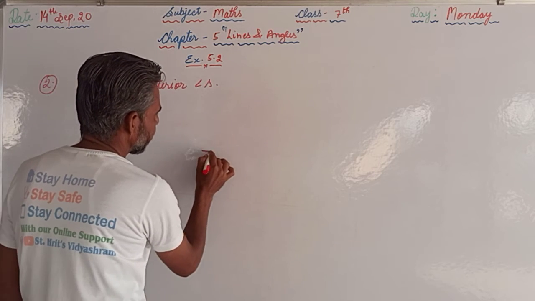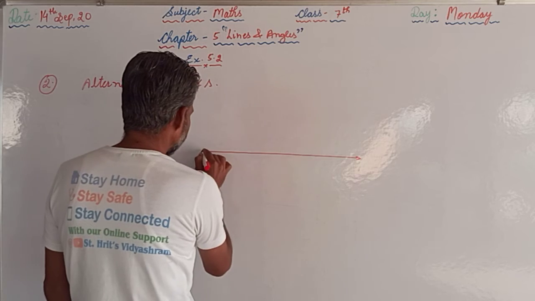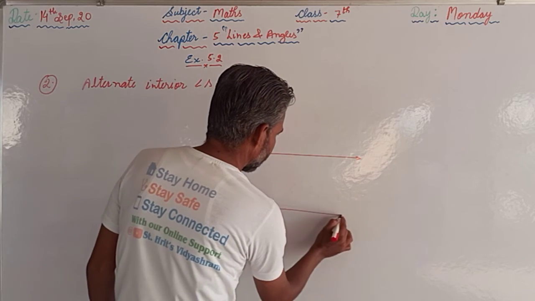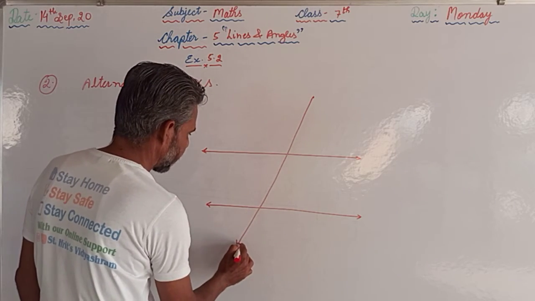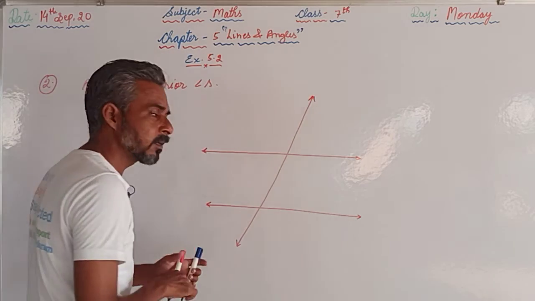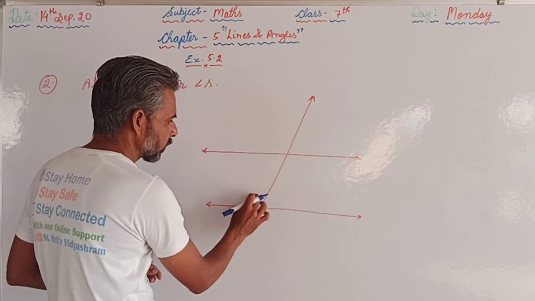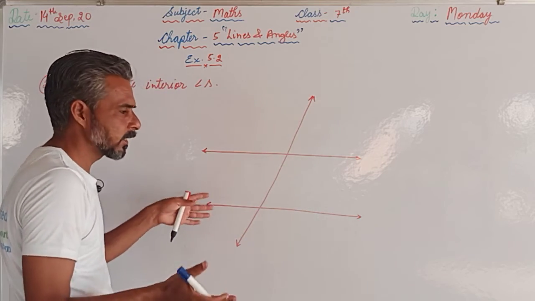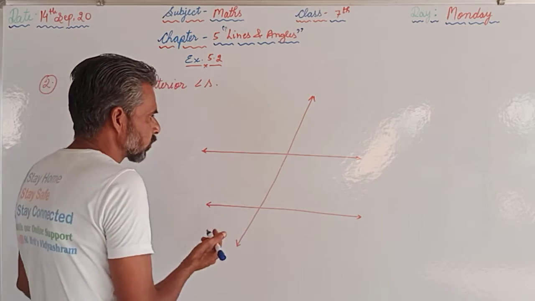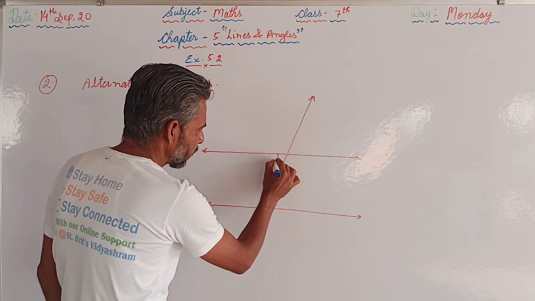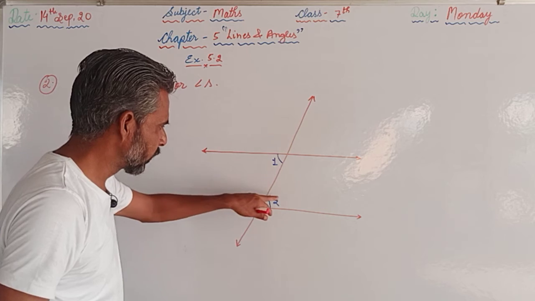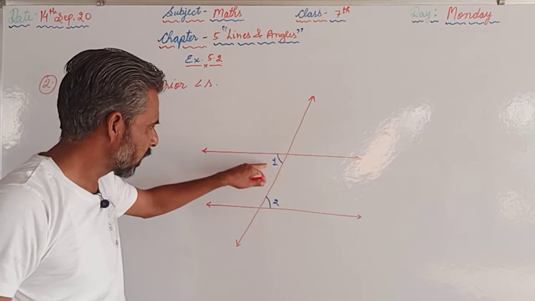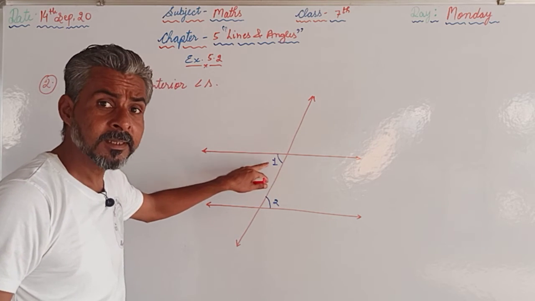Alternate interior angles will be like that if these two lines are parallel, and we are considering here only the interior angles. Interior angles means 1, 2, 3, 4. These are the interior angles, meaning inside the parallel lines. So alternate angles, this angle 1 and the second one on the other side, 1 and 2 will be equal, and these are alternate interior angles.